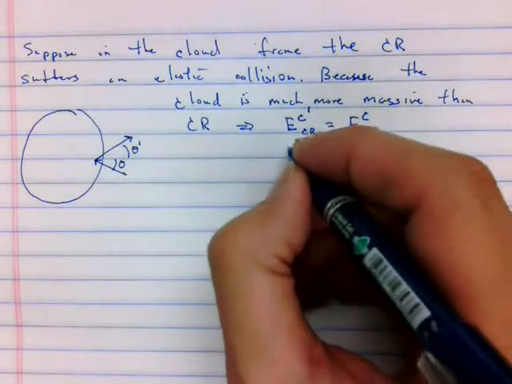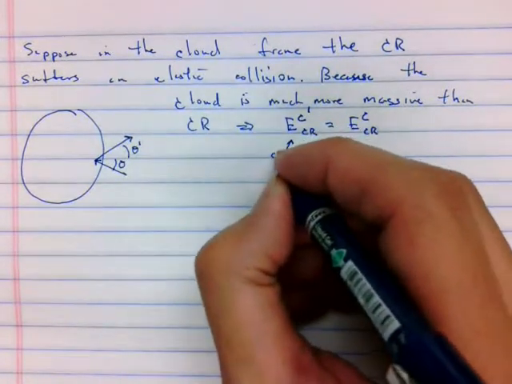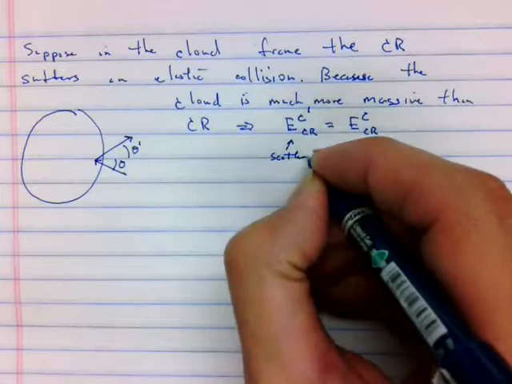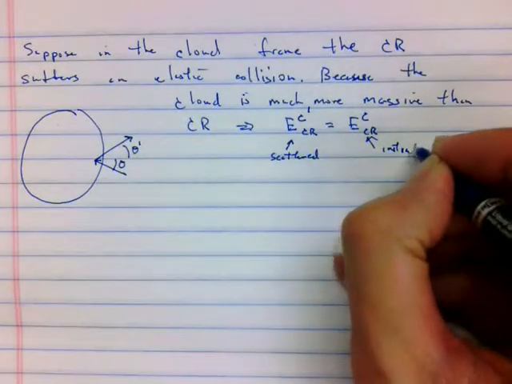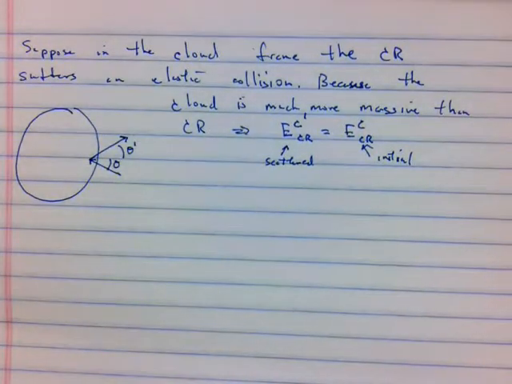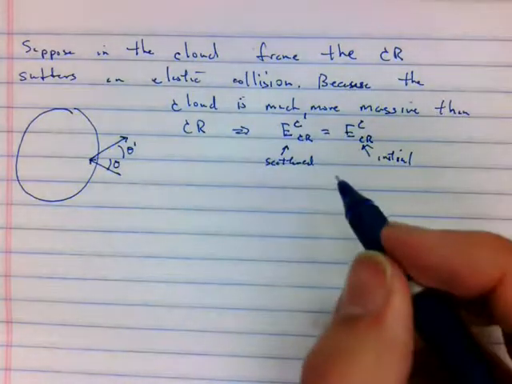So this is the scattered cosmic ray, and this is the initial, all in the cloud's frame.